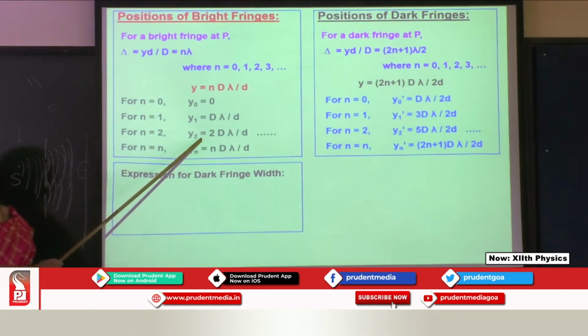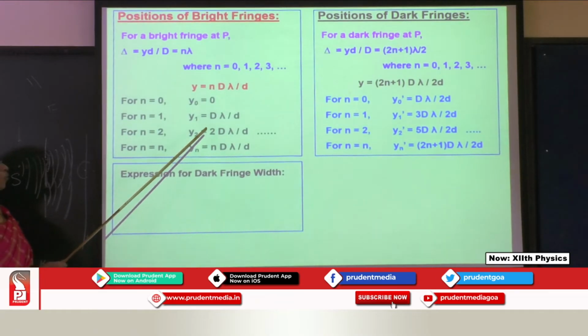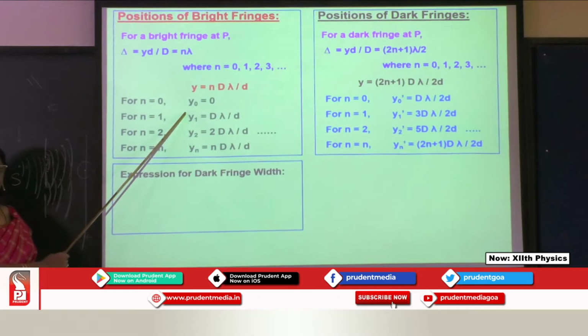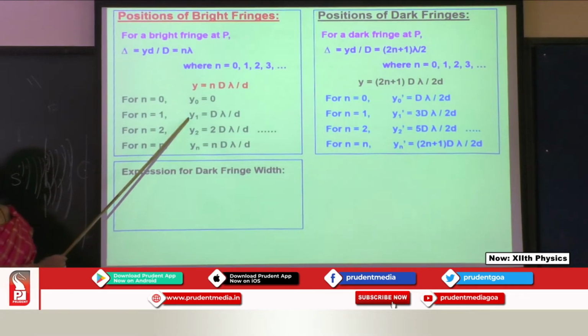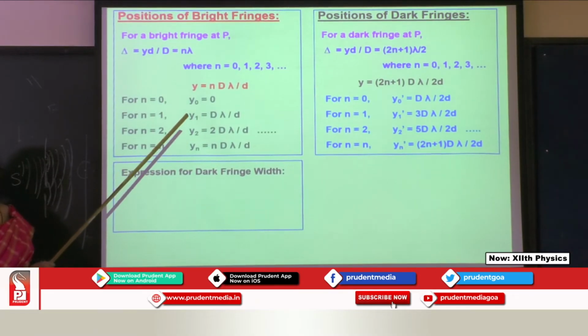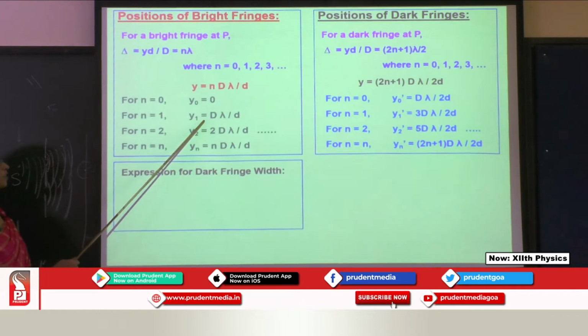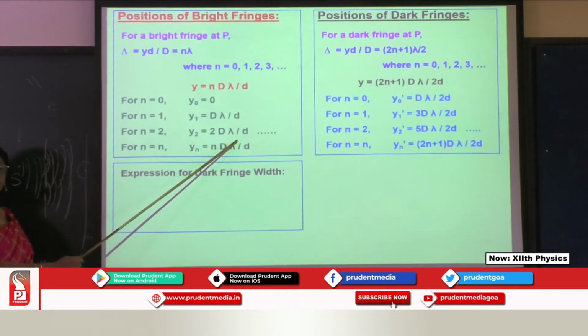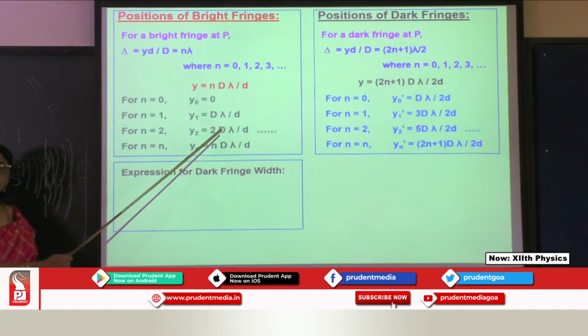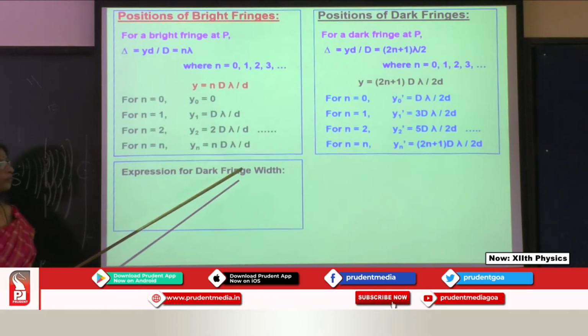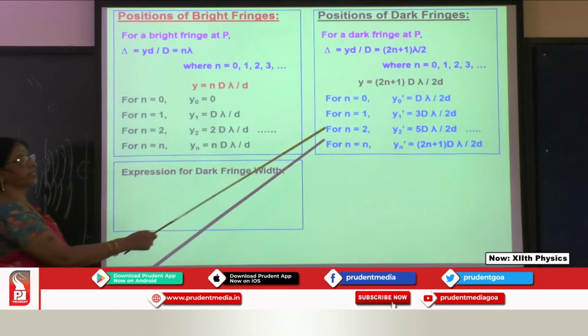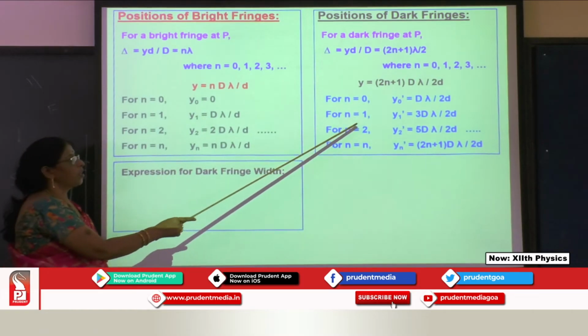They are two consecutive bright fringes: y2 minus y1. So 2 lambda D by d minus 1 lambda D by d. What will be the answer? Lambda D upon d.